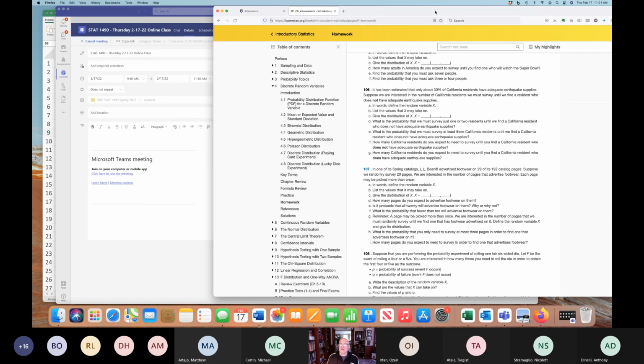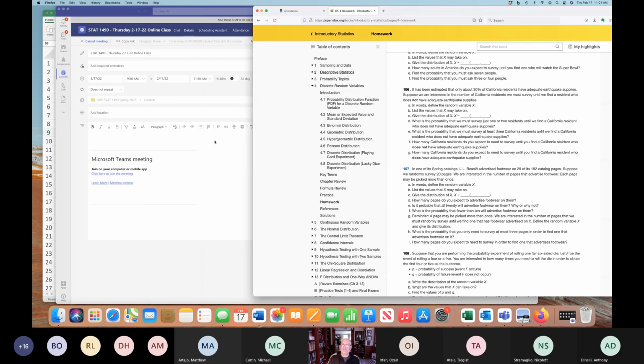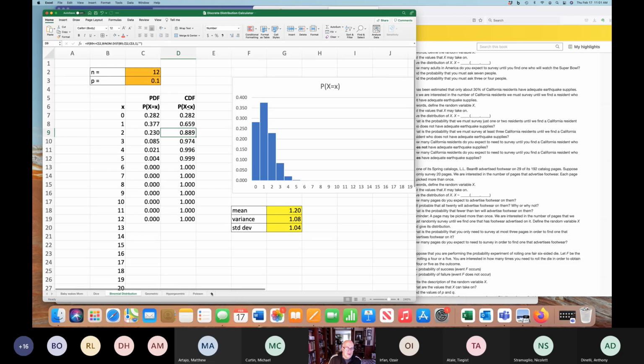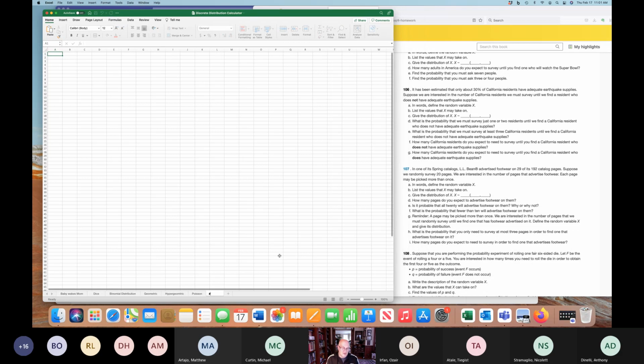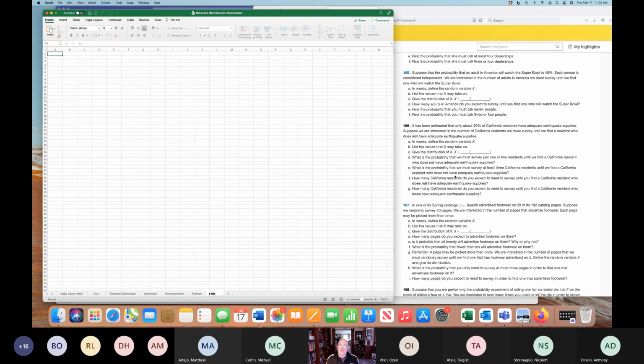Okay, so let's put this over here. Let me create another sheet here, and let me call this 106. So we decided this is what kind of geometric distribution.